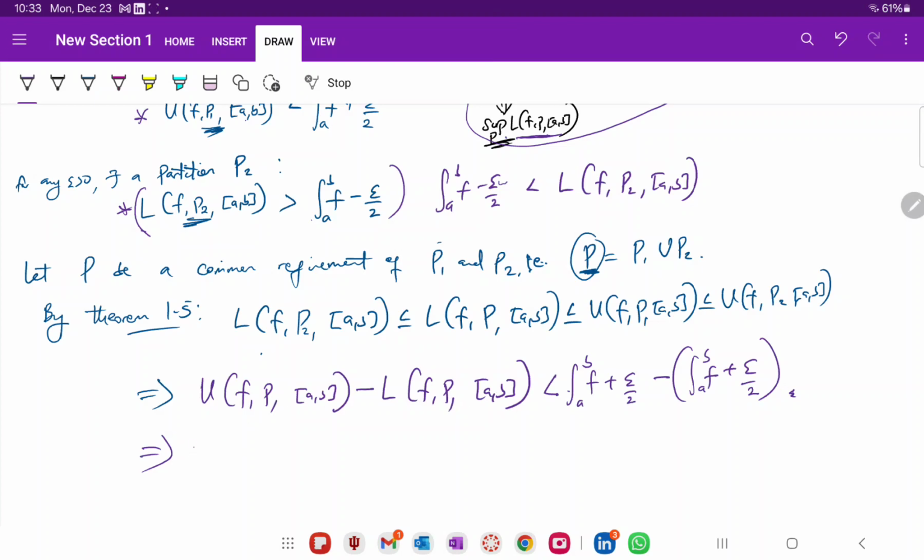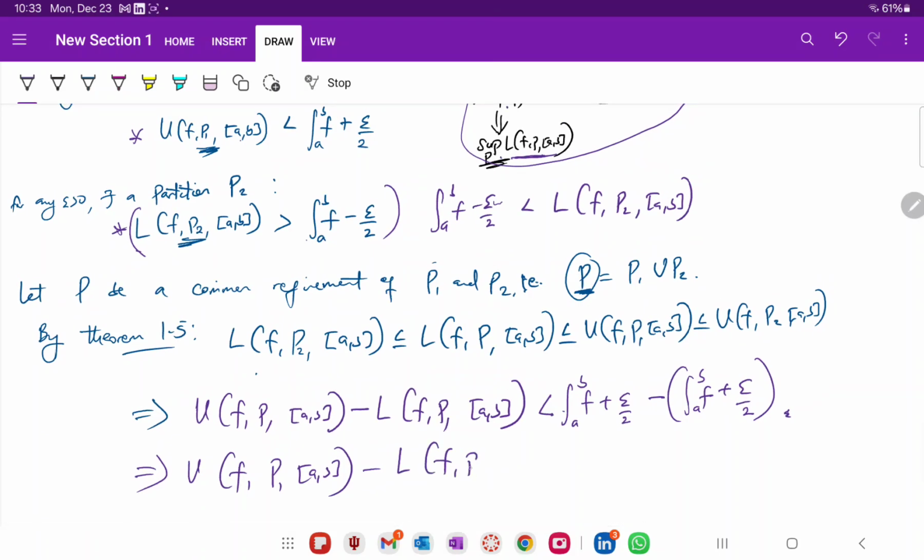Okay, so then we have the lower Riemann sum minus the lower Riemann sum of the refined partition to be less than, if we open the bracket, this is gone, and then we also have, sorry, this is minus half, pardon, so it's minus half, so we have plus half, and then plus half, and this is less than epsilon.